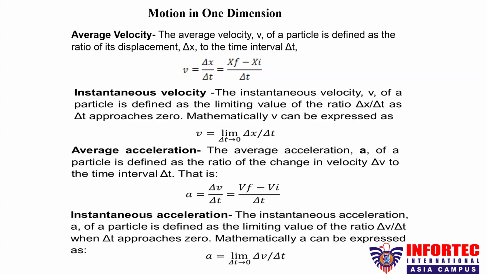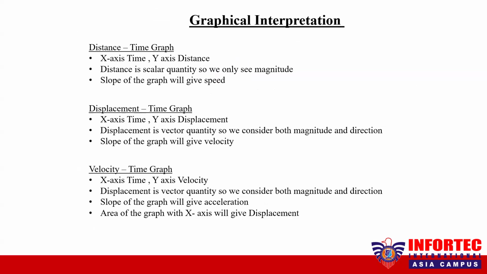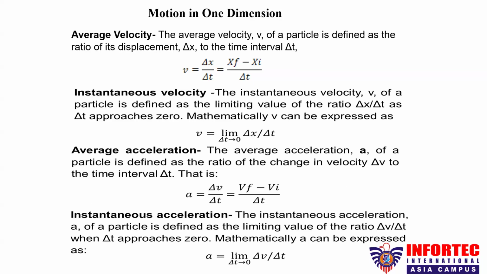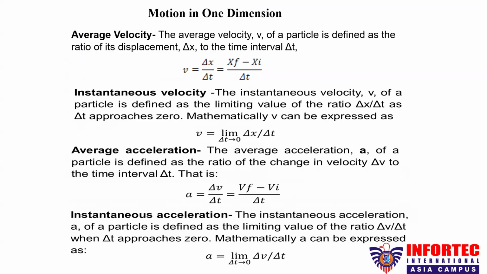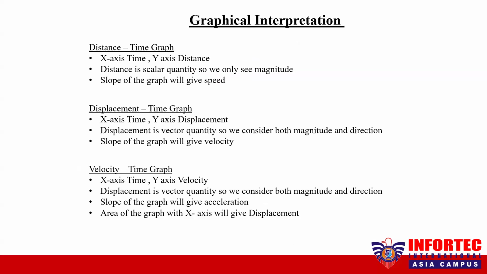Mathematically, we can write it like this: the limit as delta t goes to 0 of delta v by delta t, right? Okay, then you have an idea of position, displacement, instantaneous velocity, acceleration, average velocity and average acceleration, right? Then we can move to the graphical interpretations.